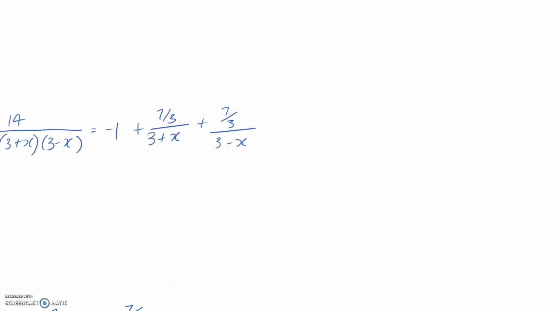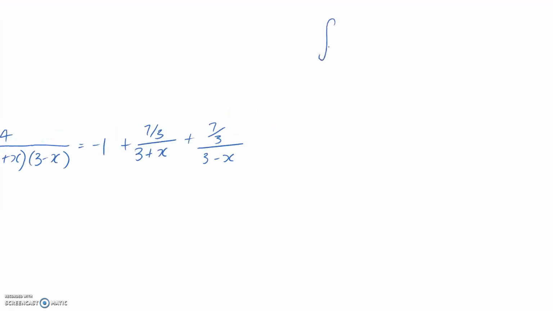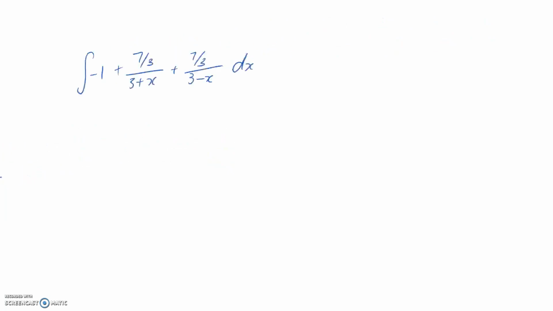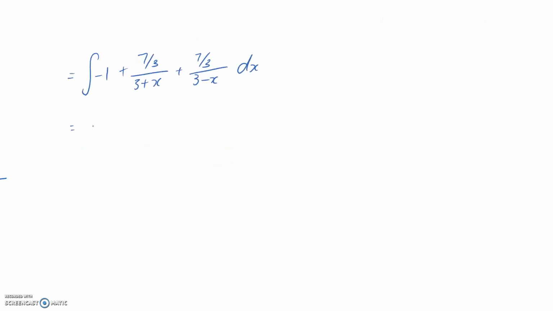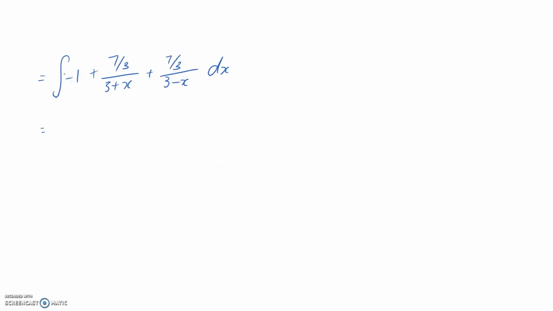So what I might do is come over here and actually integrate that expression with respect to x. Alrighty. So the negative 1 out the front, that one's quite easy to deal with in terms of the integration. You can just use your power rule and it's going to end up just being negative x.